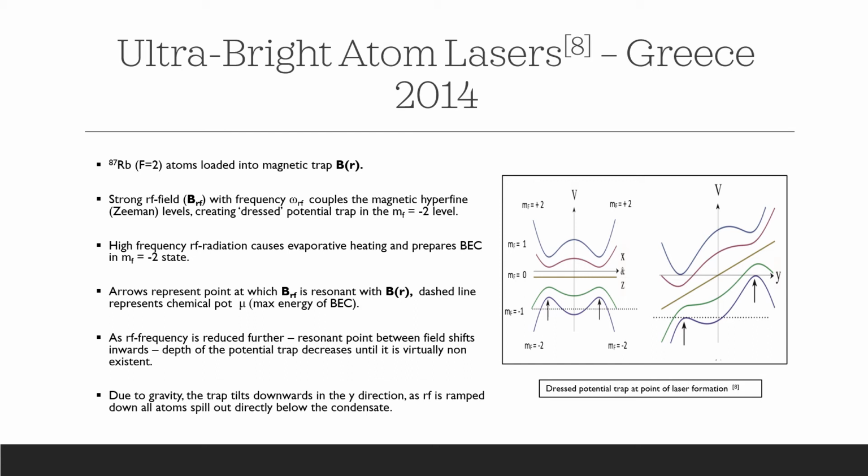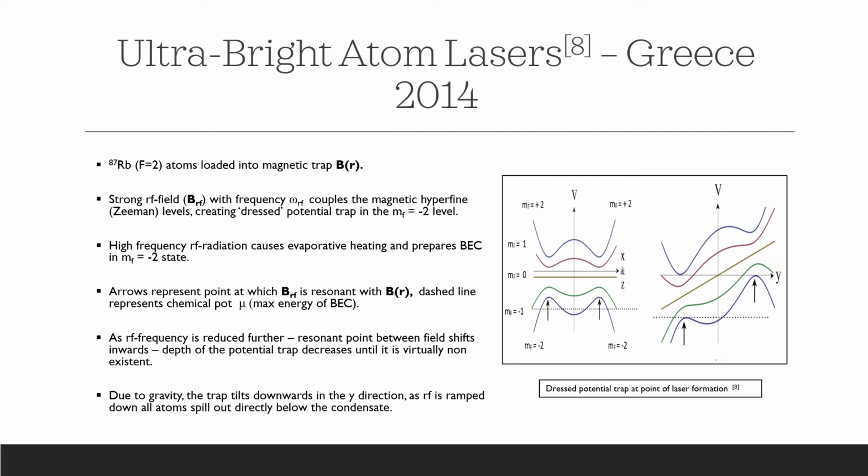As the frequency is ramped down further, the resonant point between the fields lowers in energy. Effectively, the arrows depicted move inwards. We can imagine that as the arrows move inwards, they effectively push the Zeeman line upwards, reducing the depth of the trap. If we picture the atoms inside this trap as peas, as this happens, the atoms slowly spill out of the condensate in a negative y direction, directly below the condensate.